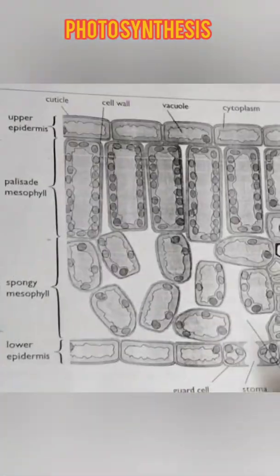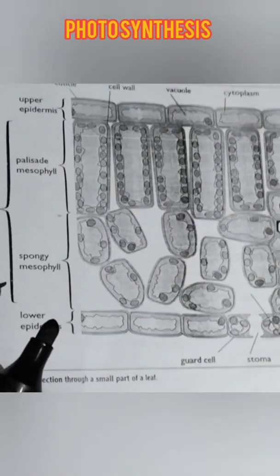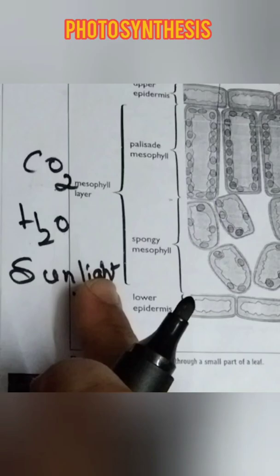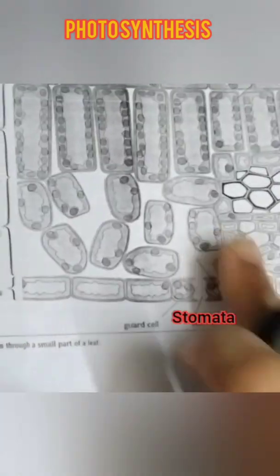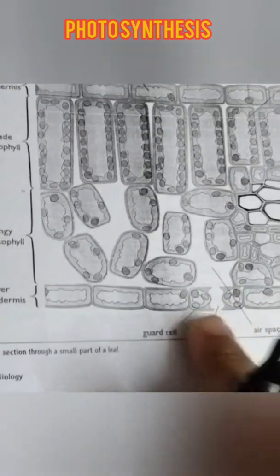Now let us see the leaf adaptations to get the raw material. The raw material required for photosynthesis is carbon dioxide, water and sunlight. How does the leaf get the carbon dioxide? The leaf gets carbon dioxide through the stomata. This is an opening in the lower surface of the leaf, called a stomata.